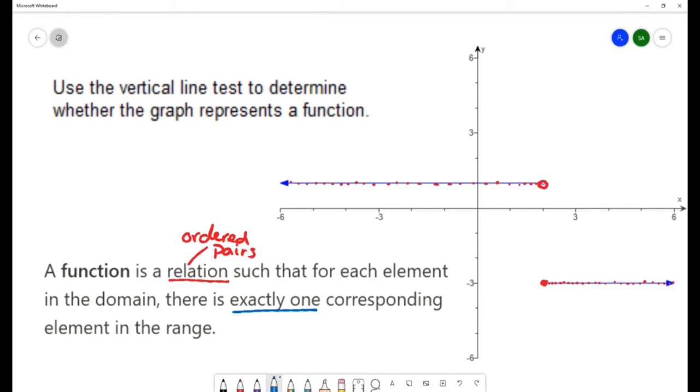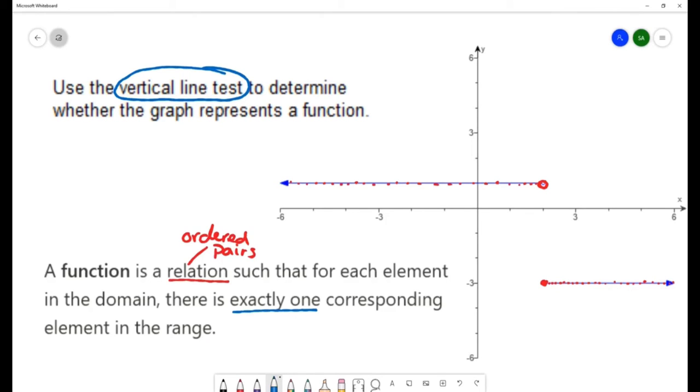And to do this, we have a test that we call the vertical line test that helps us decide that if every element in the domain, every x, corresponds with exactly one element in the range, one y.